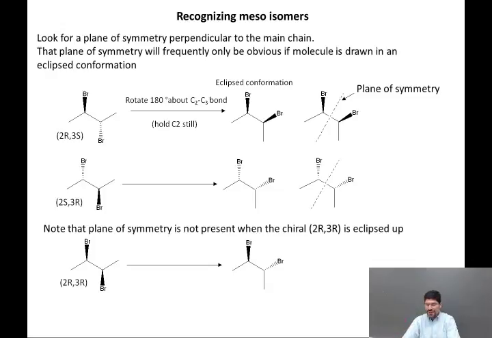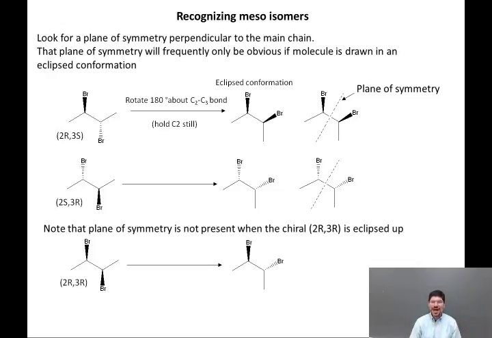And similarly, if we take both the 2R3R and the 2S3S, the ones that really and truly are enantiomers of each other, even if you have them in the eclipsed conformation, these two structures are not superimposable. So they really and truly are enantiomers, whereas the other isomer, the 2R3S/2S3R, is a single structure and it's a meso compound.